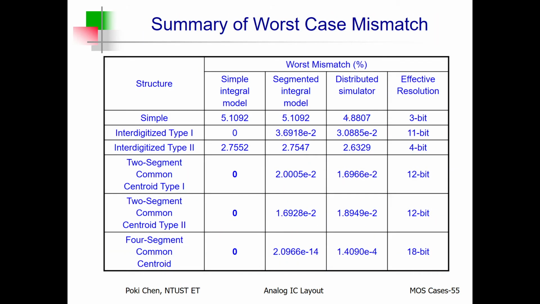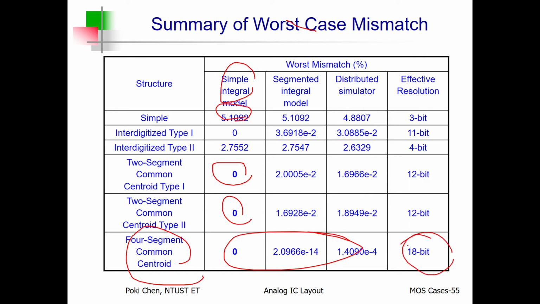Okay, so here is some kind of summary. You will see for a simple layout, actually it's quite bad. But for the others, you will see for common centroid type 1, type 2, or even for the most innovative one, the 4-segment common centroid layout, according to all the simulation results, it gets the minimum error and achieves the best accuracy.